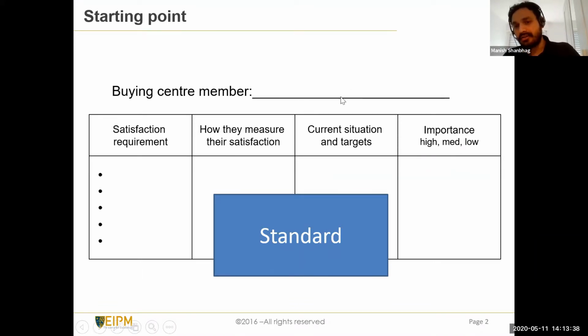I'm sure all your companies have your KPIs in place already to measure the performance, et cetera. But one of the key things to understand is whatever KPIs you are measuring, whether they are linked to the requirements of the stakeholder is key to understand.